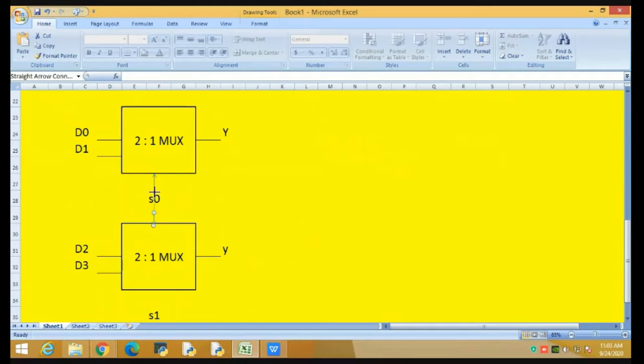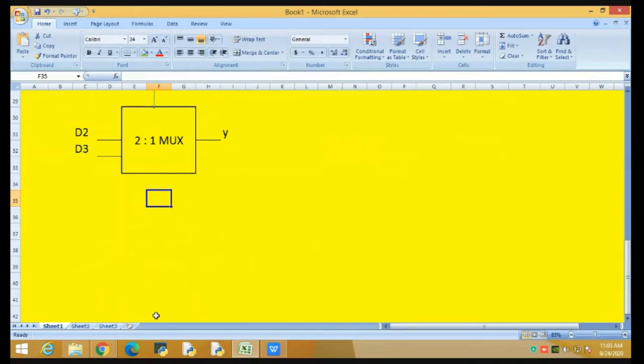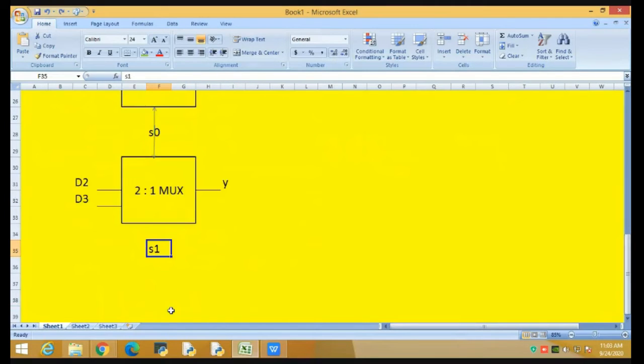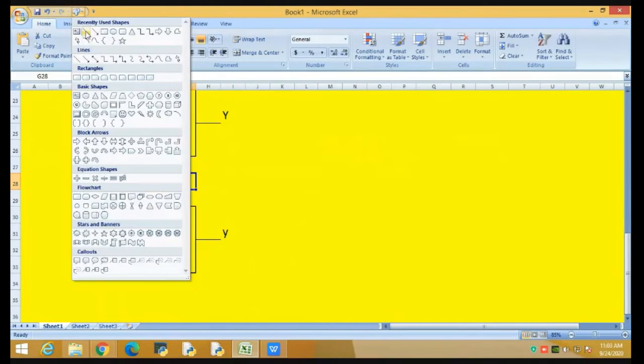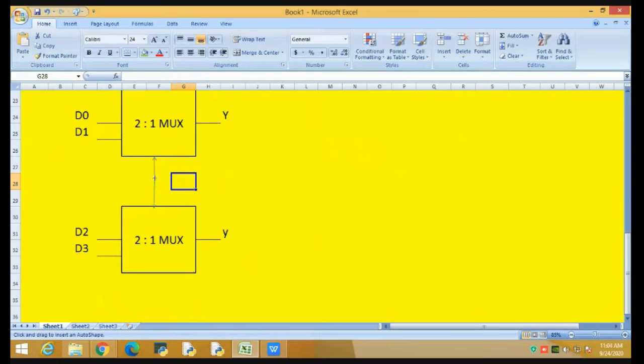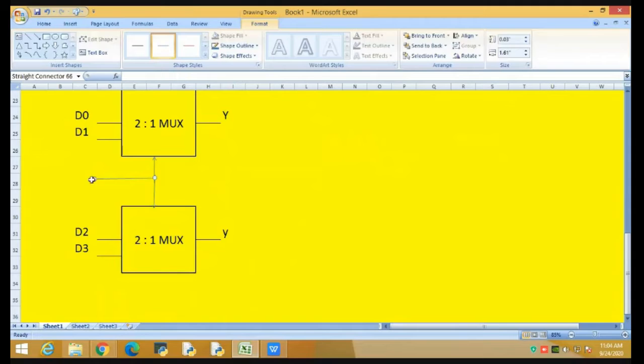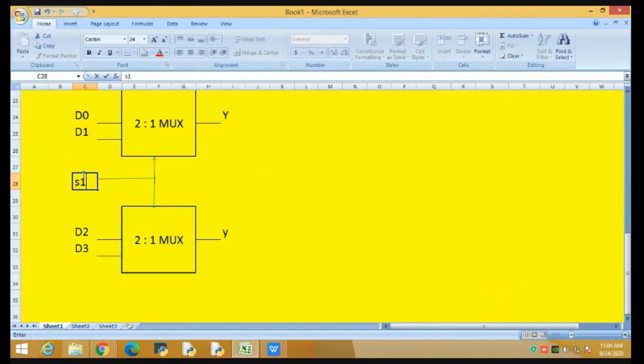I am going to attach the select lines here. So this is my first select line, and I write here S1.